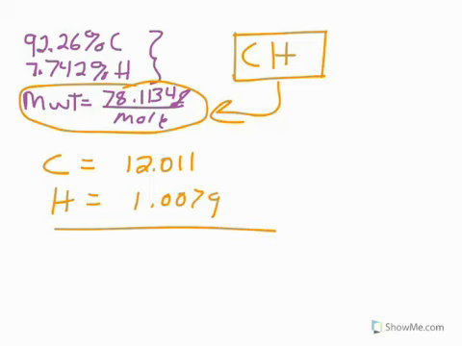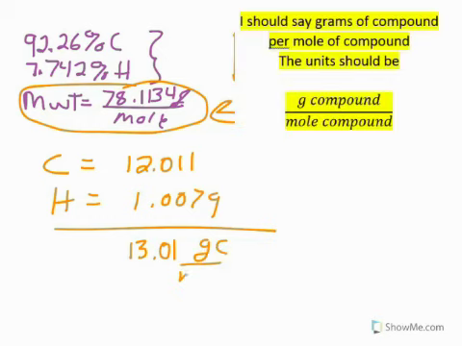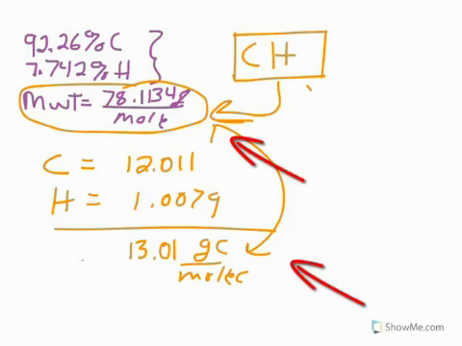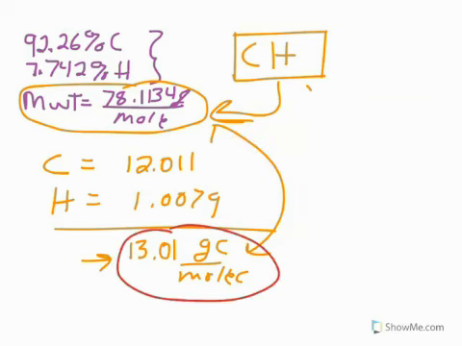So 12.011 plus 1.0079, and I get a weight of 13.01 grams of carbon per mole carbon, which is not equal to this. This is the empirical weight. This is the molecular weight. So to find out, I got to multiply this number right here, the 13.01, by some factor that will give us 78.11. So I take the 78.1134 and divide by 13.01, and that will give us our ratio.